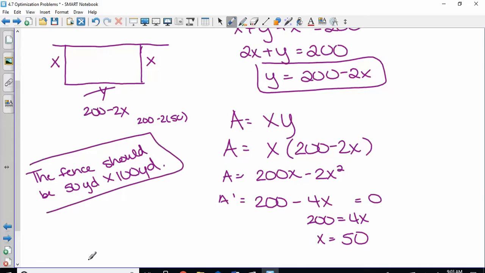So please answer in a sentence. You could say, you know, the width is 50 yards and the length is 100 yards. You just have to write some kind of sentence to answer the question.